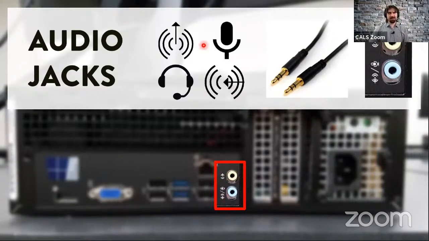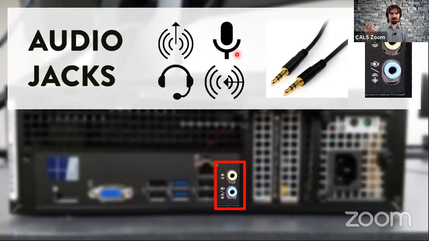The other one that you'll see most frequently is the microphone jack right here. Obviously, having used Zoom for a little while, we know about these. The microphone jack, as you might imagine, is just designed to accommodate a microphone. It could be almost any sort of microphone. Could be a lapel or lavalier mic like I'm using.